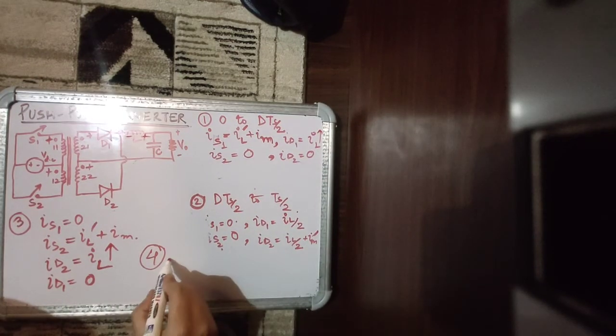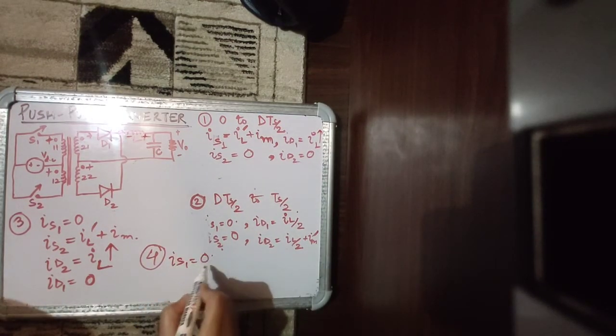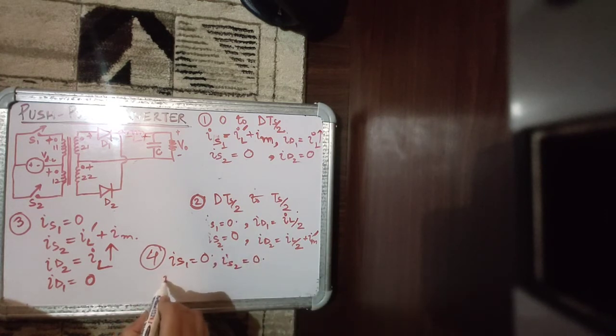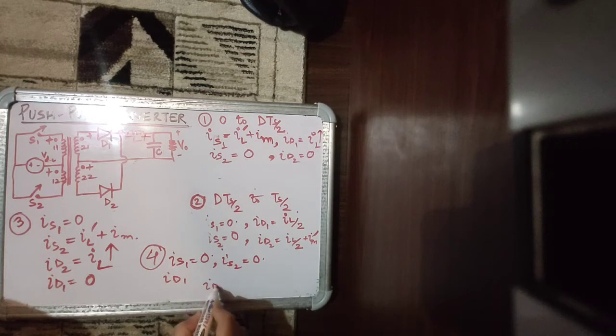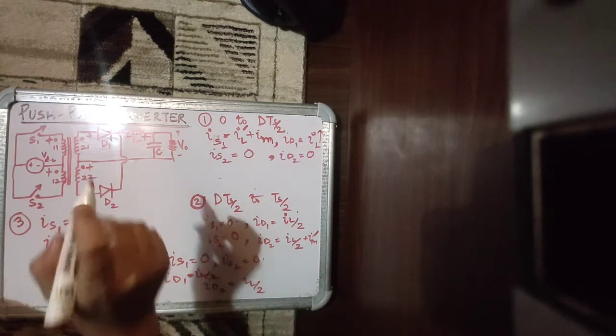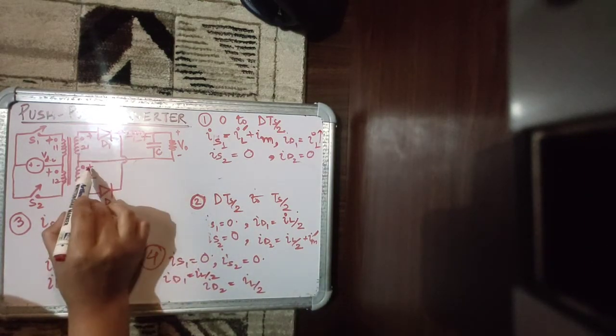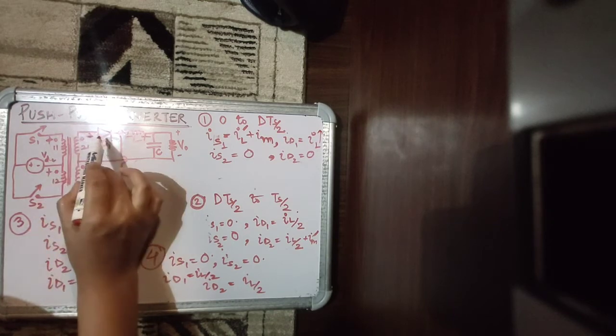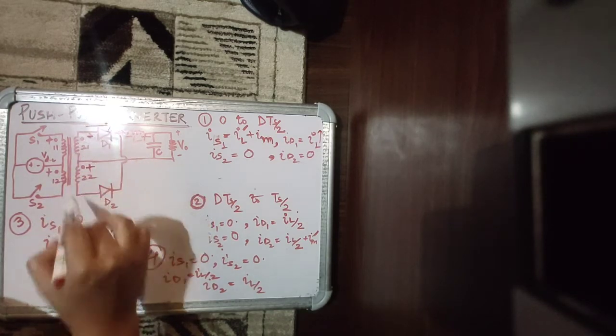So both switches, IS1 no current, IS2 again no current, but ID1 and ID2 both are going to conduct and they are going to share the inductor current IL2 by L2. और मैग्नेटाइजिंग component of current को भी कहीं जाना है. Let's see which device will take the magnetizing component of current. If you see the device polarities have changed और जो ट्रांसफॉर्मर वाइंडिंग्स है वो D1 को फॉरवर्ड बायस करी है, ना कि D2 को.